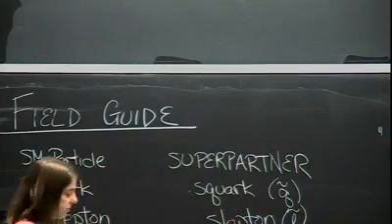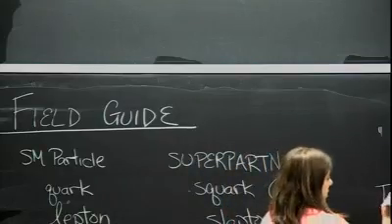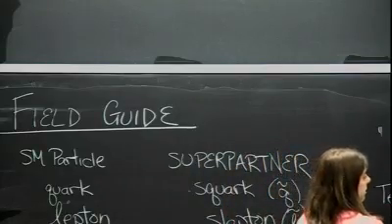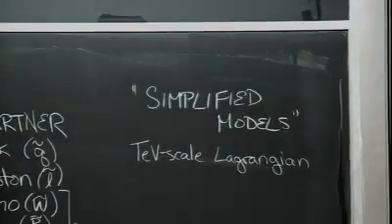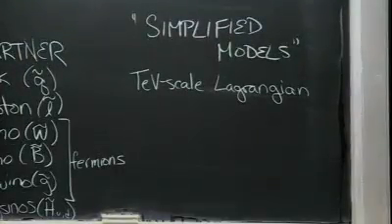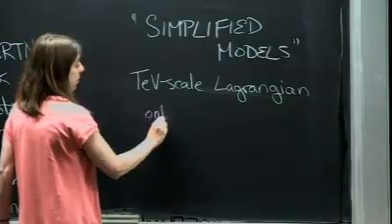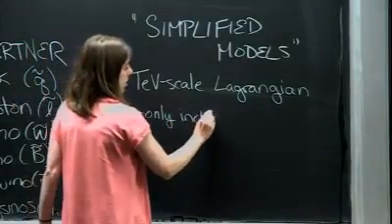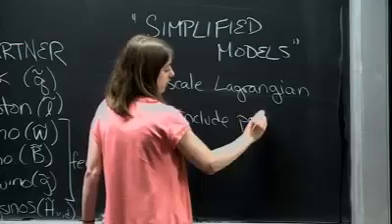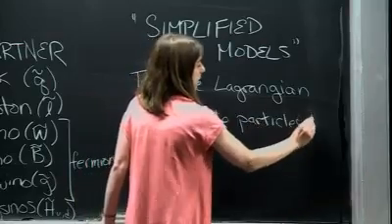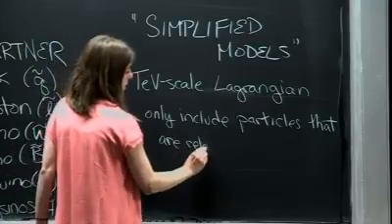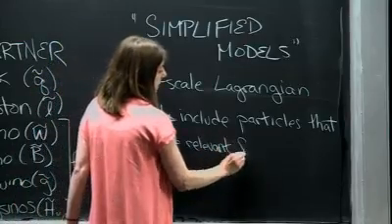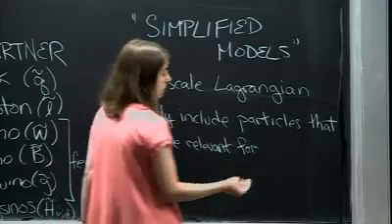In the simplified model approach, you have some TeV scale Lagrangian, some SUSY Lagrangian for example, except you only include the particles that are relevant for the observables. You assume that everything else in the theory is integrated out.